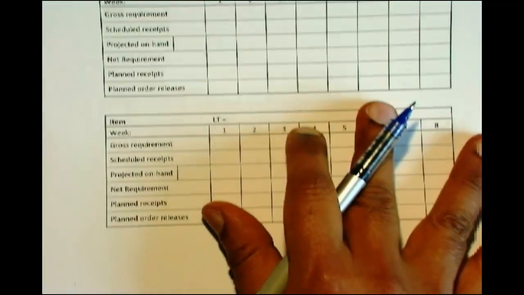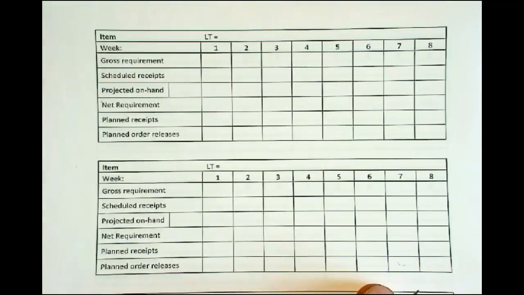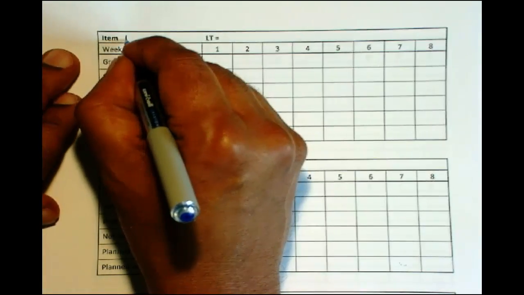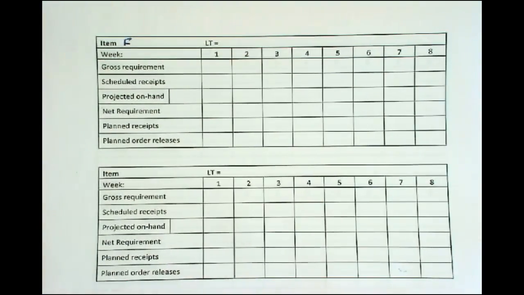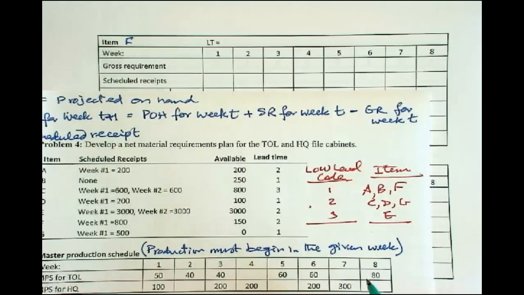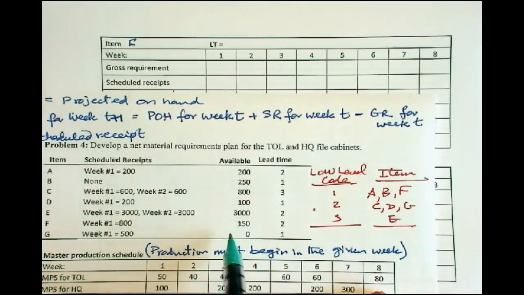So we have to move to the next page. Now the item is F. Again, we will fill out the given information for F. Lead time for F is 2 weeks.